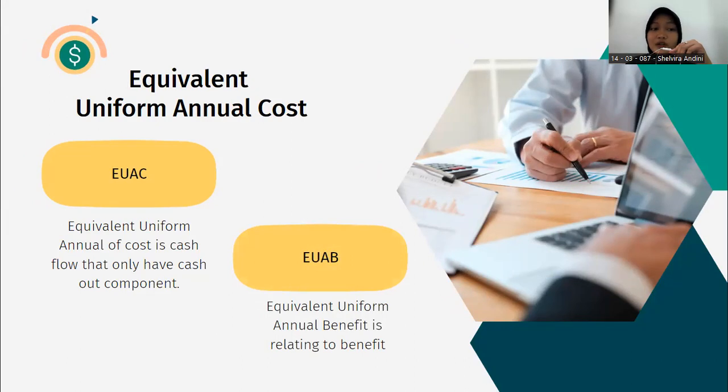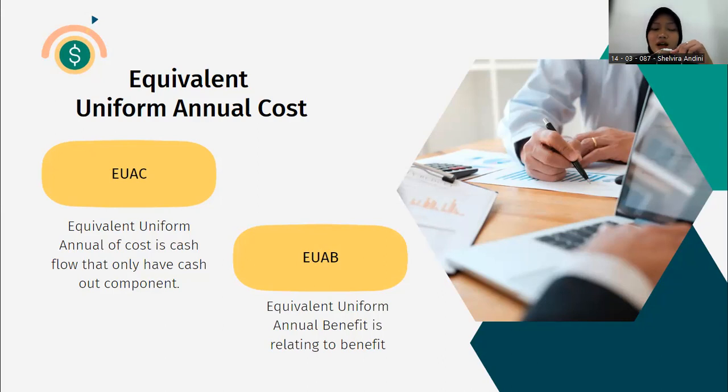In equivalent uniform annual cost, we have to see two types. First is EUAC and the second is EUAB. EUAC, or equivalent uniform annual cost, is a cash flow that only has a cash out component, while EUAB, equivalent uniform annual benefit, relates to benefit.